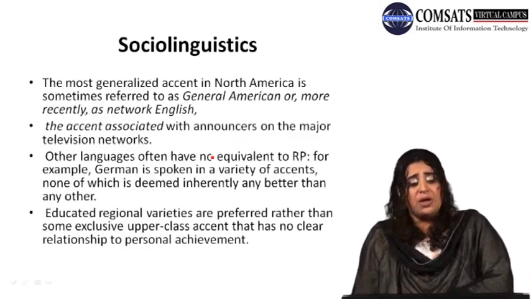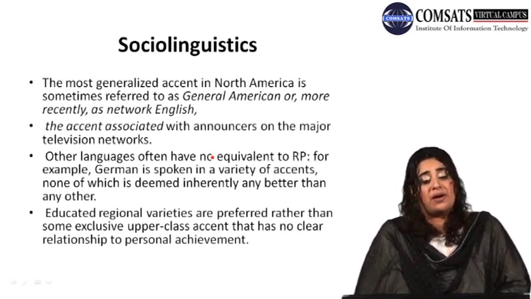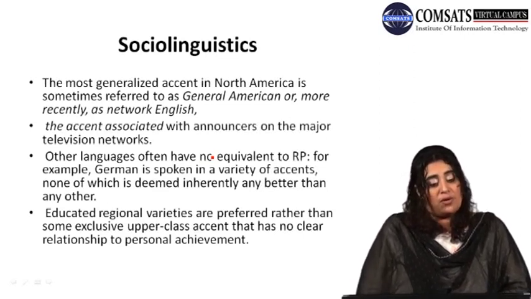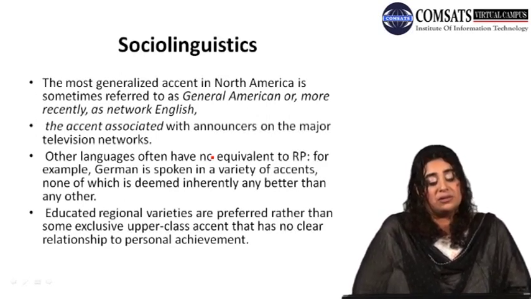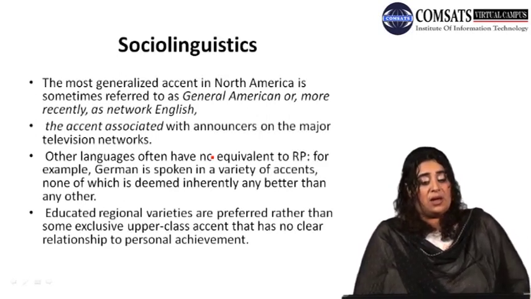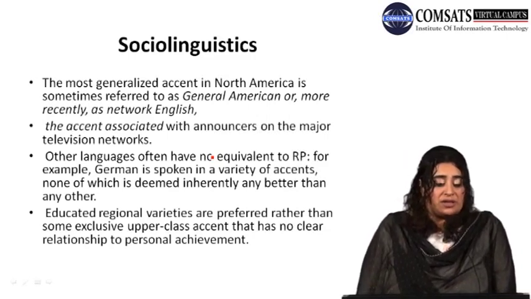In North America, they prefer a more generalized accent, which is sometimes referred to as General American, or more recently as Network English. So it is the accent associated with the announcers of the major television networks.